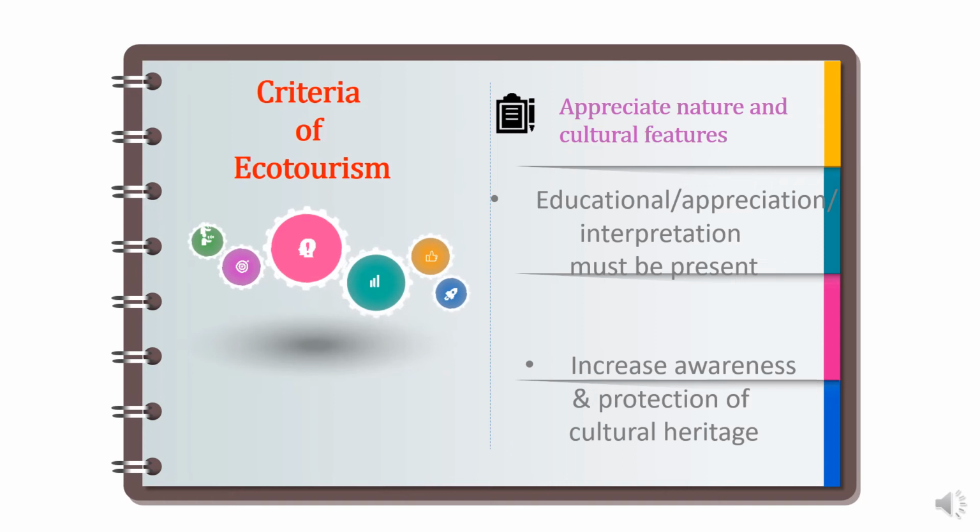Educational appreciation and interpretation must be present in order to appreciate nature and cultural features. Increase awareness and protection of cultural heritage. This is really important. If the host community doesn't have the awareness, they cannot protect the cultural heritage.